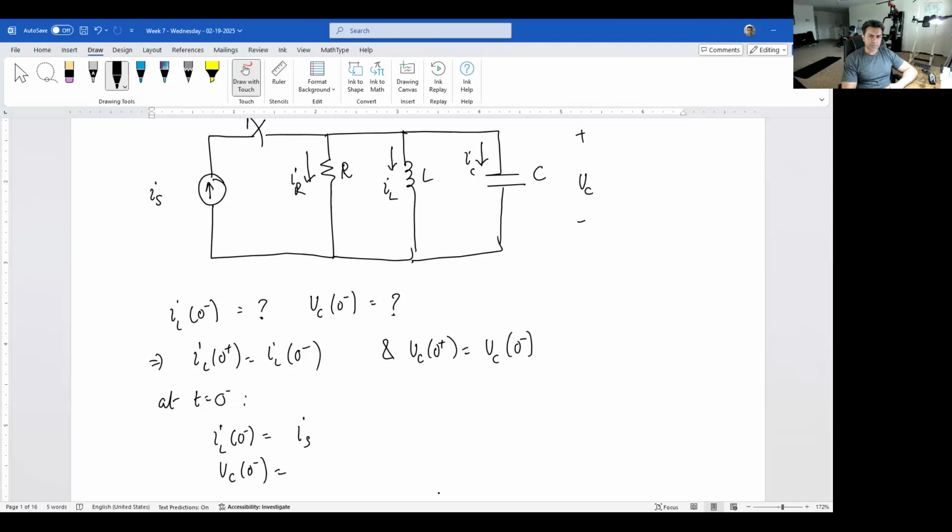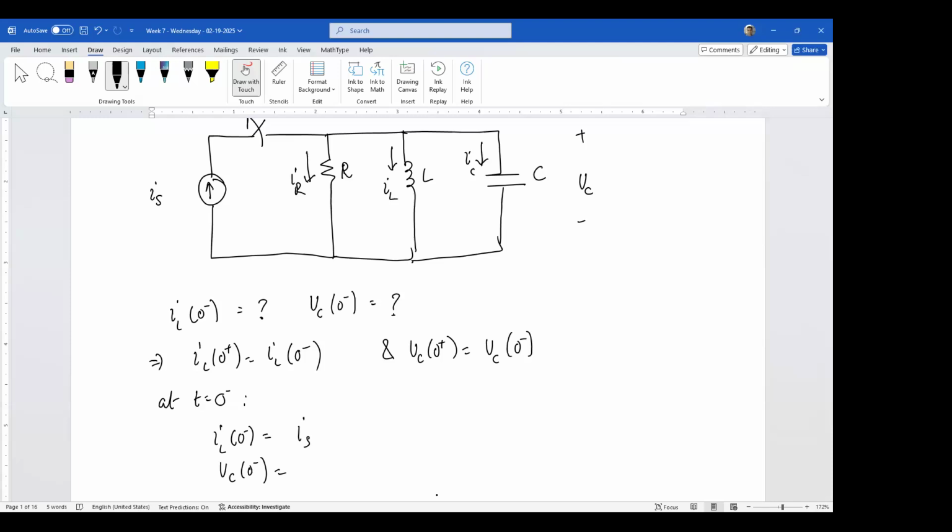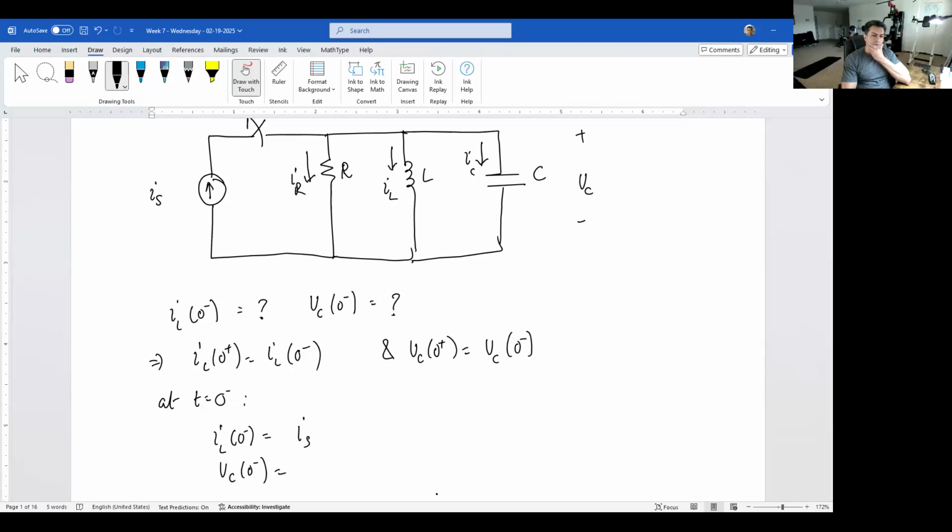Oh, it's closed right now. All right. What will be the capacitor voltage? Anyone?